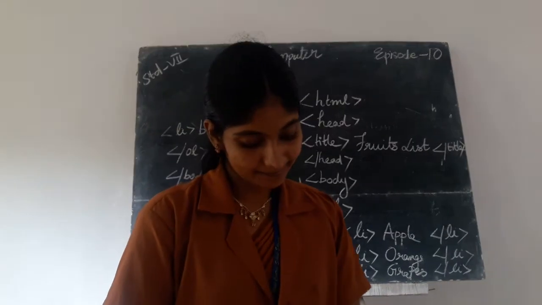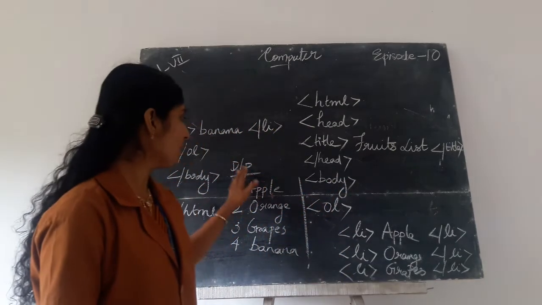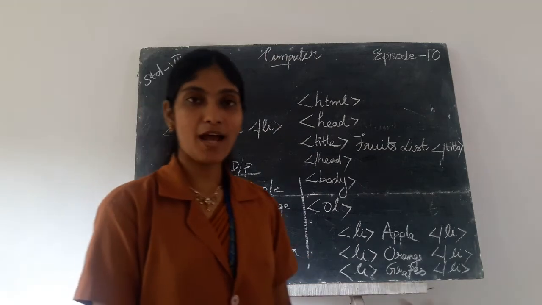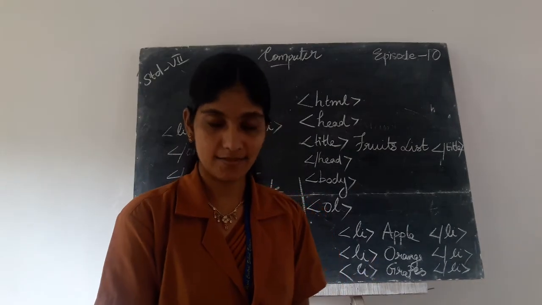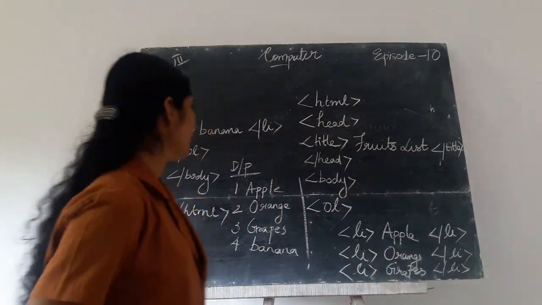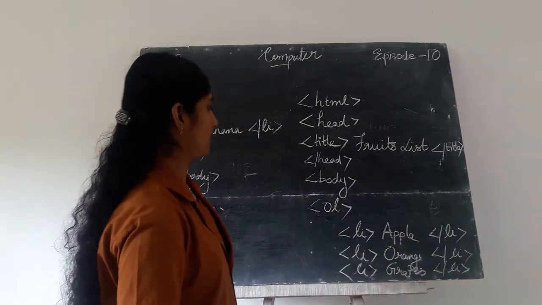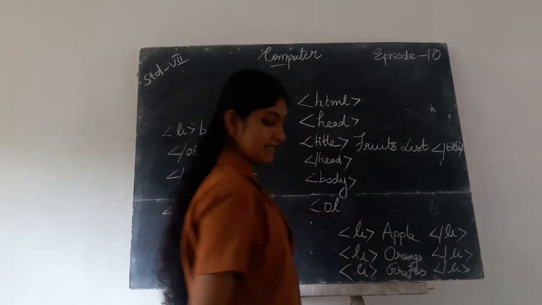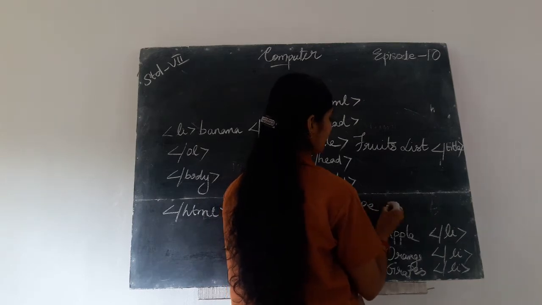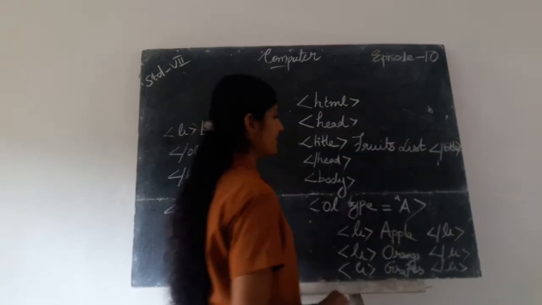Then next, by default we know the list will occur in serial numbers. If you want to add any other type of list, for example A apple, B orange, for that just replace a simple thing: in OL, type equals capital A. So what happens?